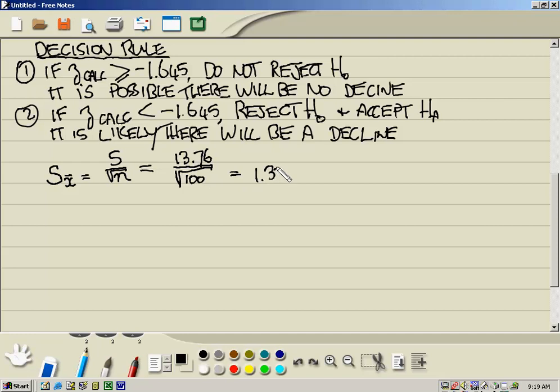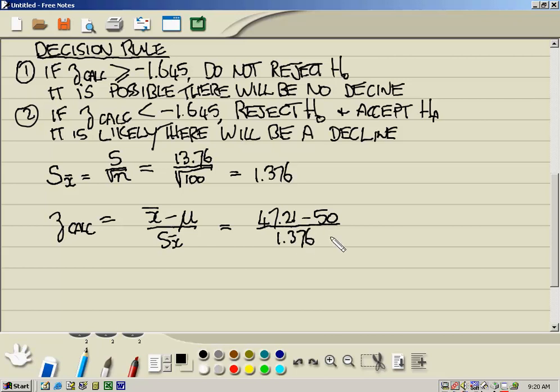That's 1.376, and then we're ready to do the z-calc calculation. That's x bar minus mu divided by s of x bar. X bar is the sample average given to us in the problem, 47.21, minus mu, the value from the null hypothesis, the $50, the old average, divided by the standard deviation, 1.376.